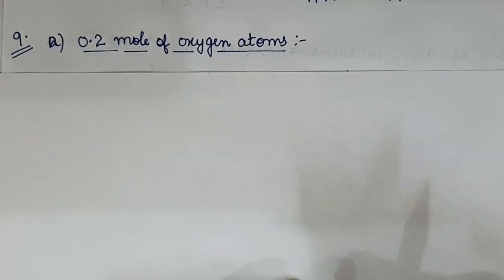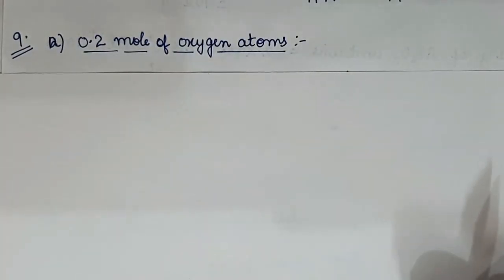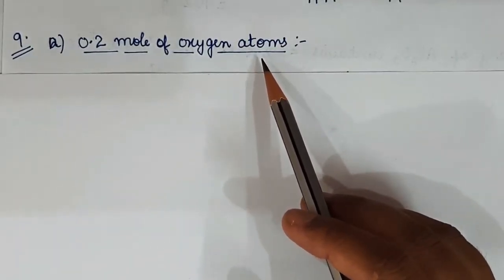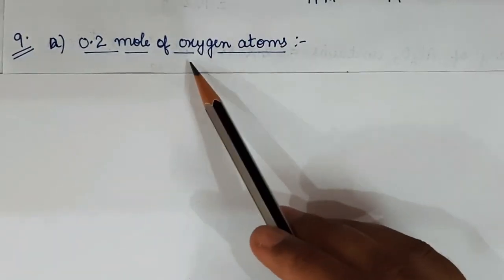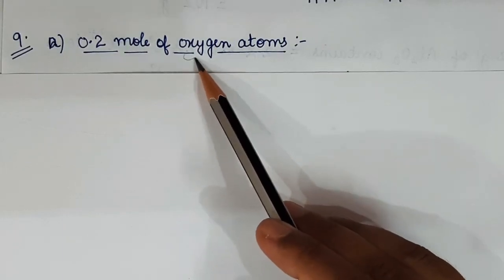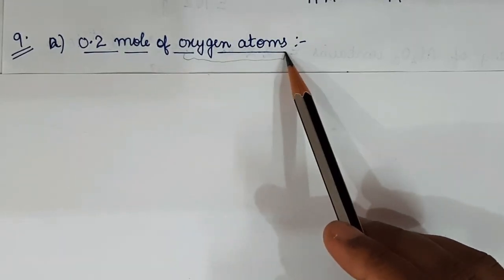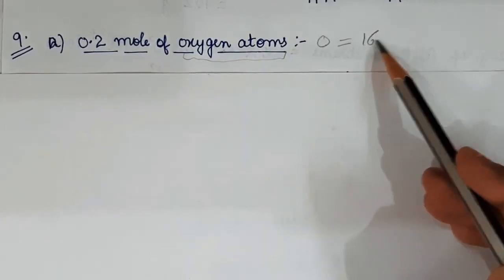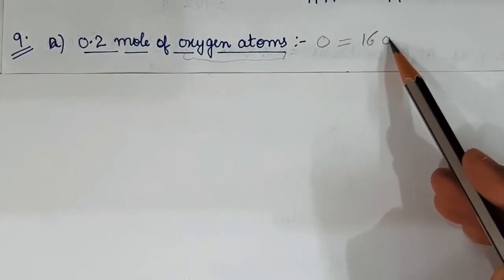Coming to question number 9. What is the mass of 0.2 mole of oxygen atom? You have to calculate mass. What is the molar mass of oxygen atom? It is oxygen. Oxygen means 16 u.